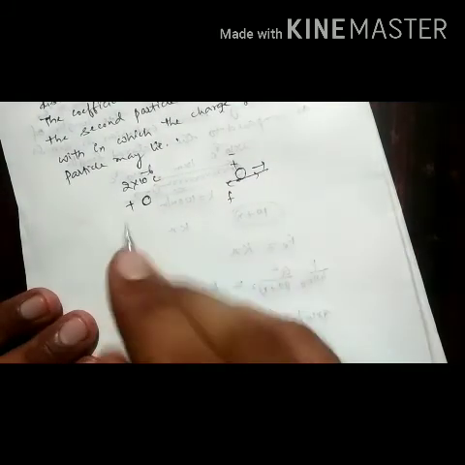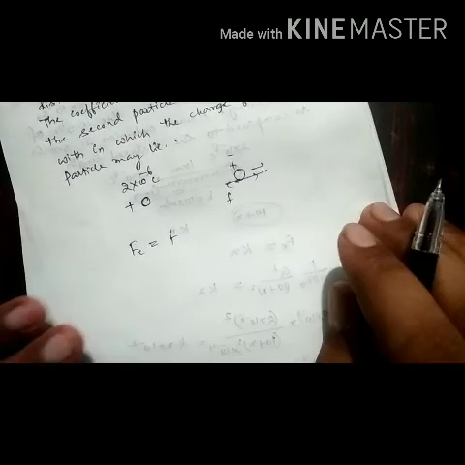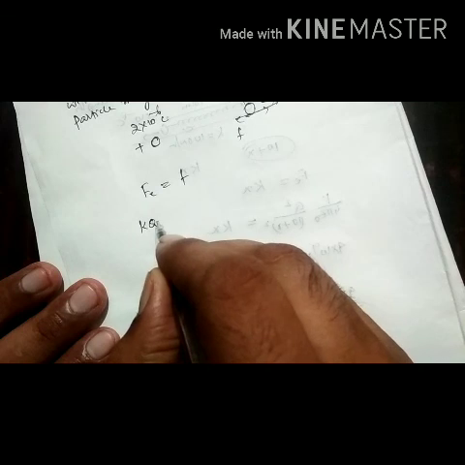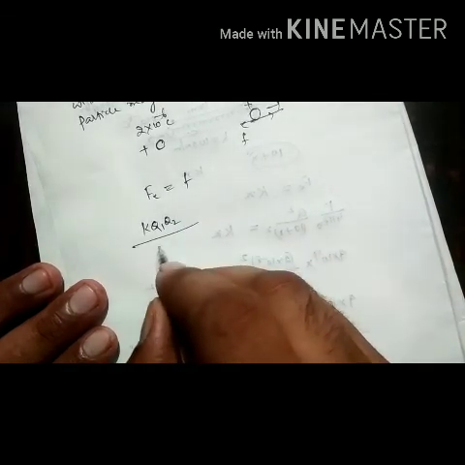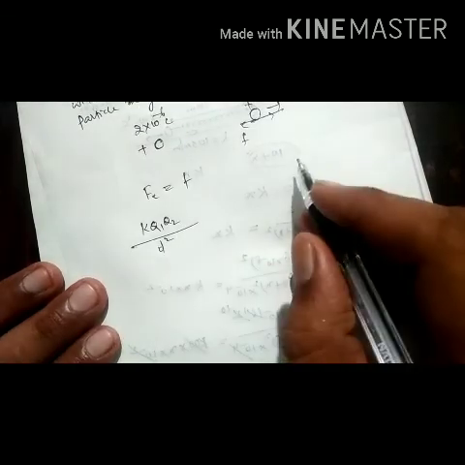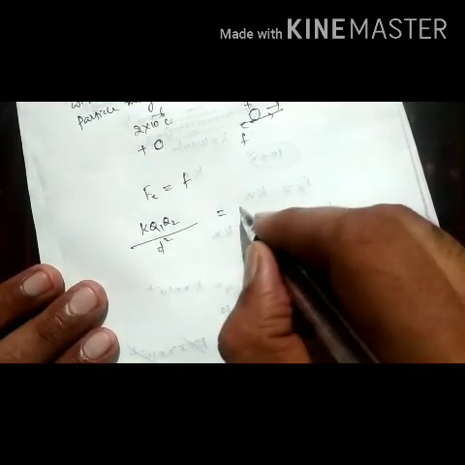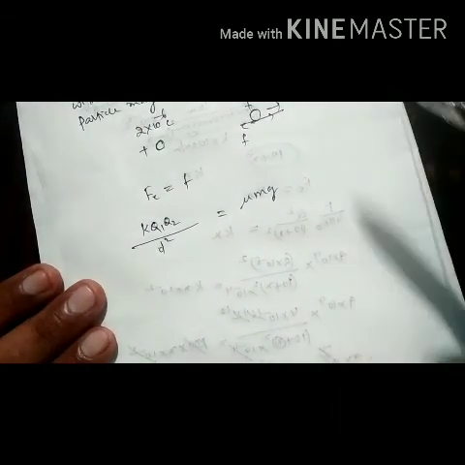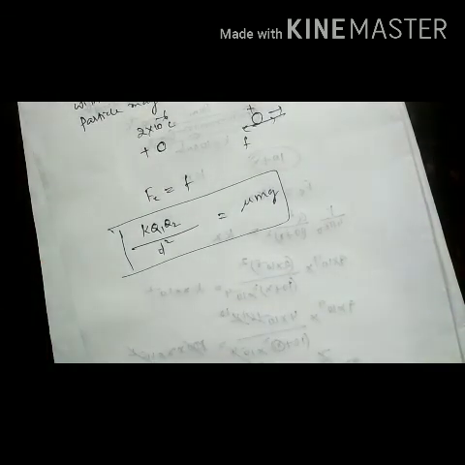So in both cases, electrical force is equal to frictional force. So simply you can write K Q1 Q2 by d square, where the distance in equilibrium is given as 10 centimeter, squared, is equal to frictional force mu mg. So by solving this, you can get the answer.